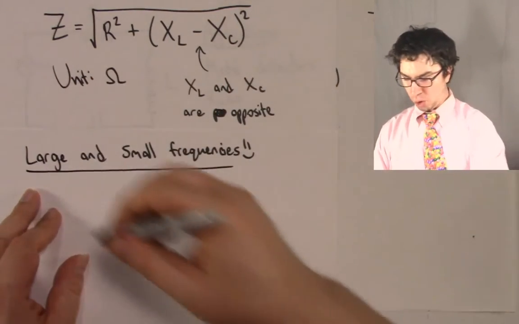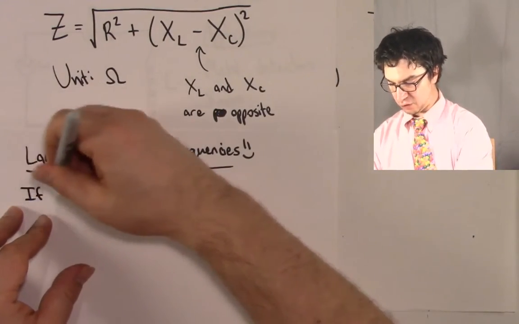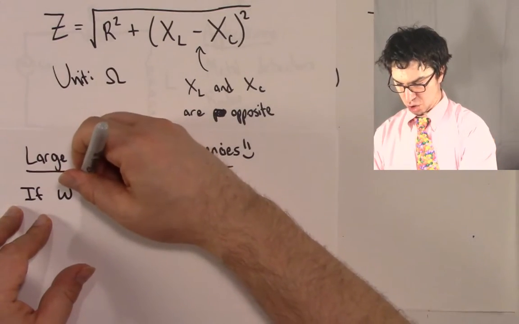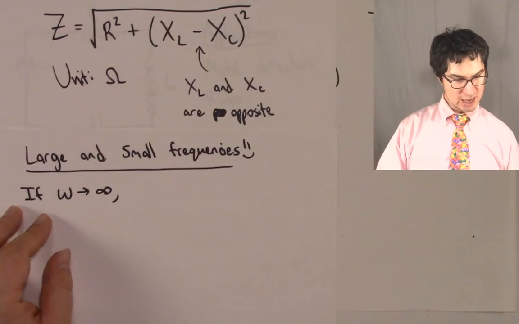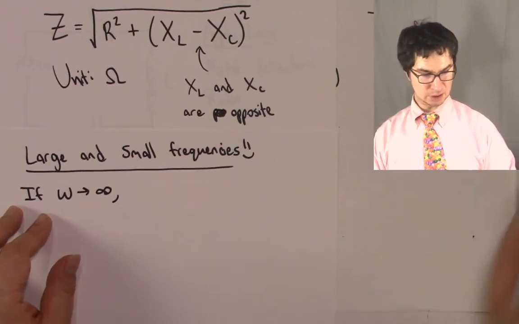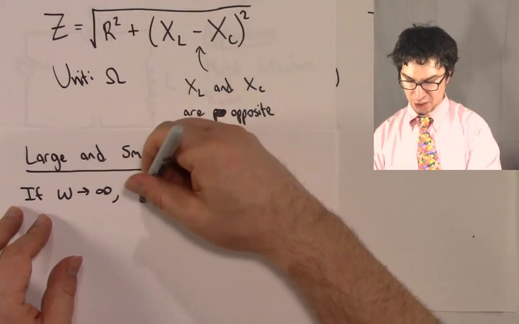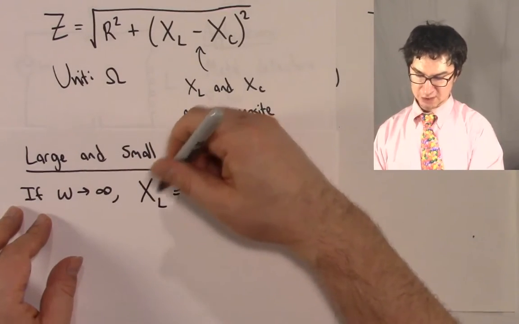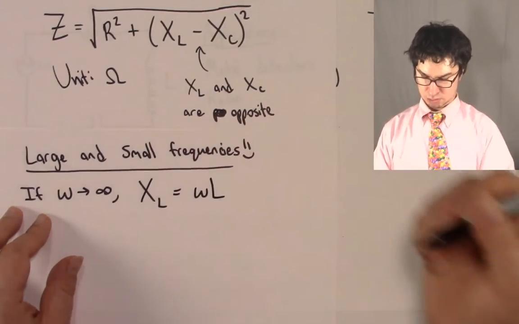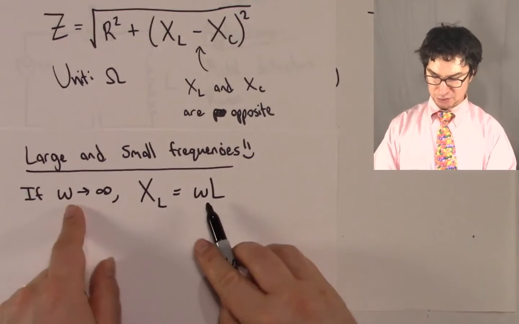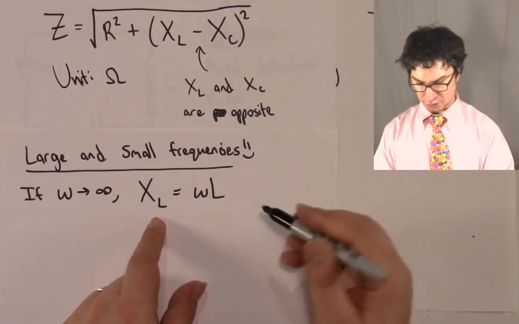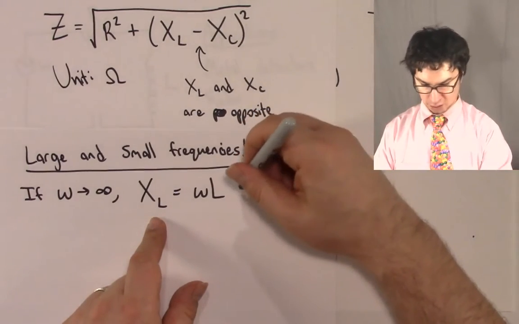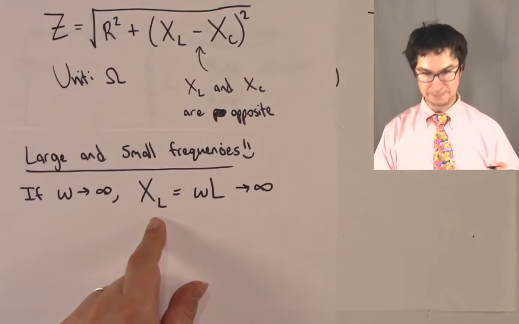What would happen if omega approached infinity? Let's look at what happens to the inductive reactance first. The inductive reactance is omega L, and if omega goes to infinity and L is fixed, then the inductive reactance goes to infinity as well. So this will approach infinity.